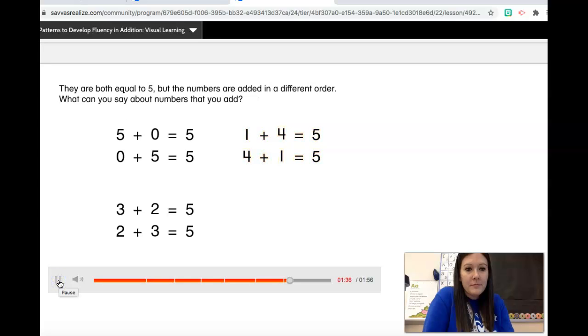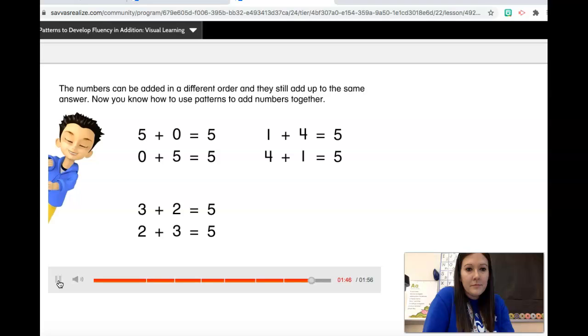They are both equal to 5, but the numbers are added in a different order. What can you say about numbers that you add? The numbers can be in a different order, and they still add up to the same answer. Now you know how to use patterns to add numbers together.